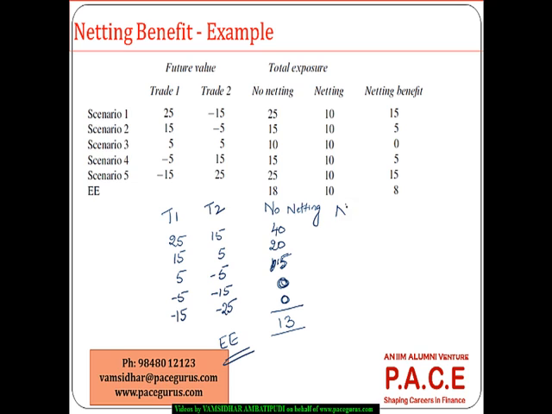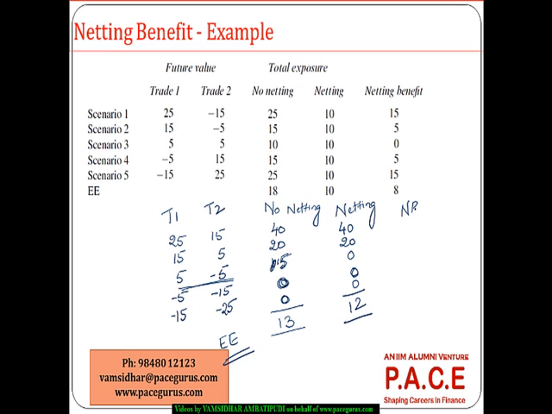Now let's assume the netting benefit is there. If the netting is there, positives and negatives will offset, but here there is nothing: 40, 15, and 5 still 20. Only this part is offset, so this will become 0, and this part is 0 as well, so the expected exposure is 12.